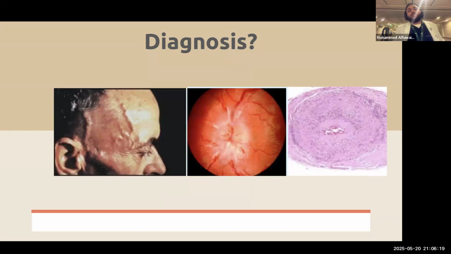This you kind of learned in MSI. It's a form of giant cell vasculitis characterized by throbbing pain, temporal pain, and jaw claudication, which means that every time they open their jaw and chew, they get severe pain. And you can see here you have optic edema, and then this is a form of vasculitis, giant cell.